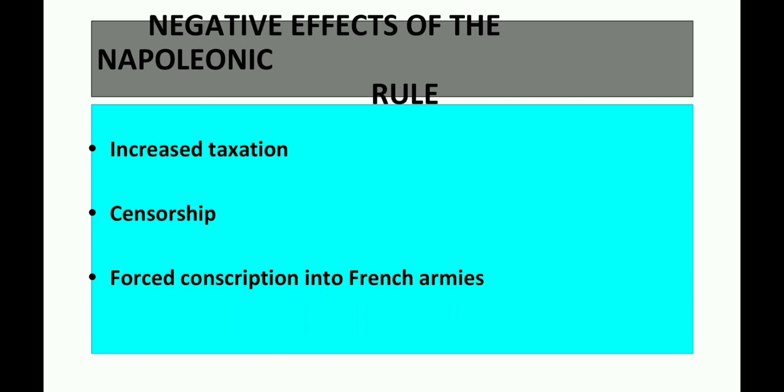So the positive administrative changes that were brought in by Napoleon soon led to his downfall. So these are the steps of the French Revolution and the Napoleonic Civil Code.